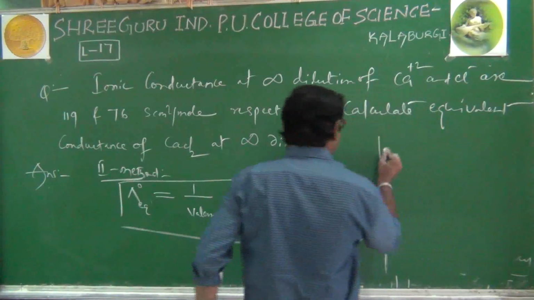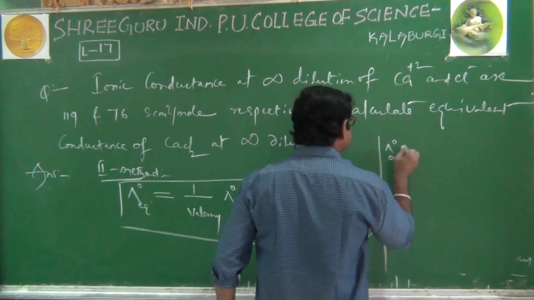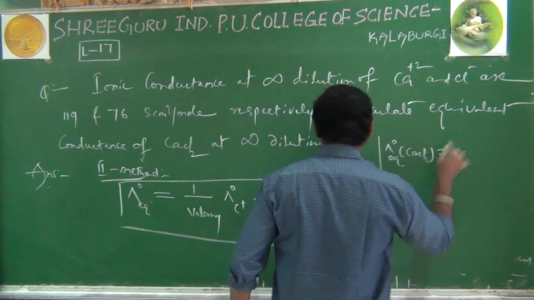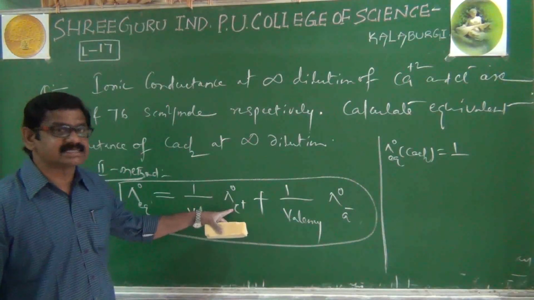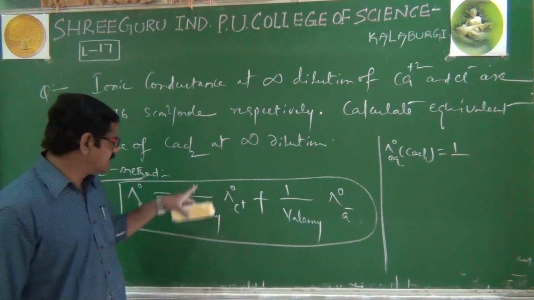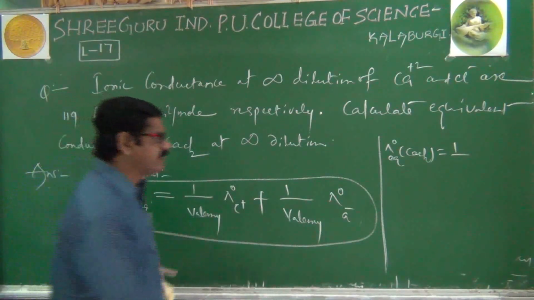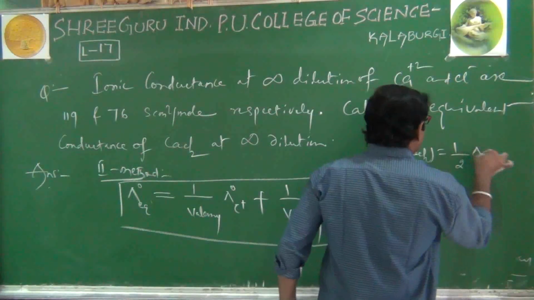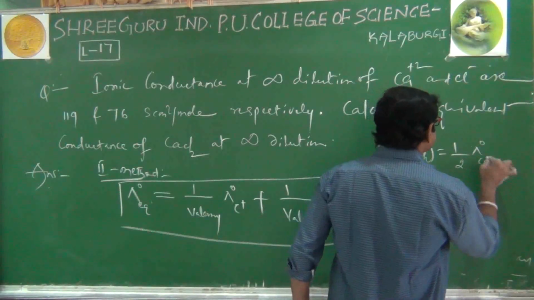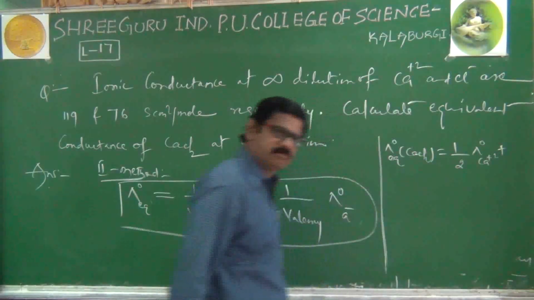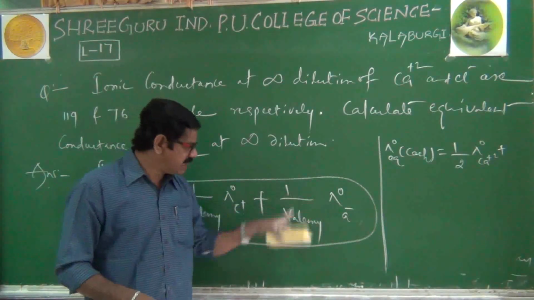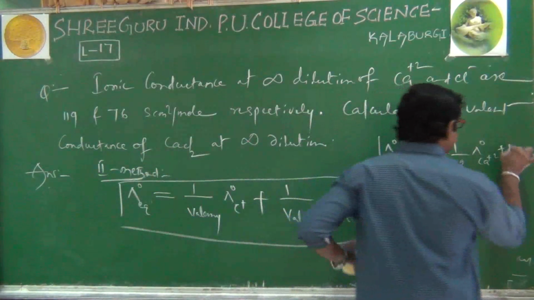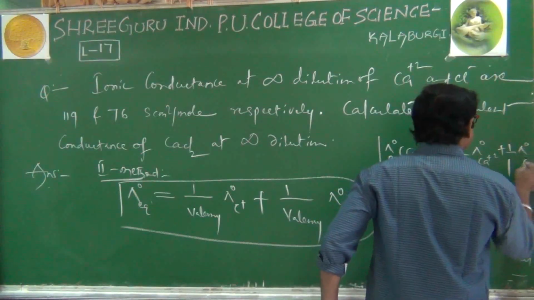Lambda naught equivalent conductance of calcium chloride is equal to 1 by the cation valency. Ca2+ is the cation and its valency is 2, so 1 by 2 into lambda naught Ca2+, plus the anion Cl-, its valency is 1, so 1 by 1 lambda naught Cl-.